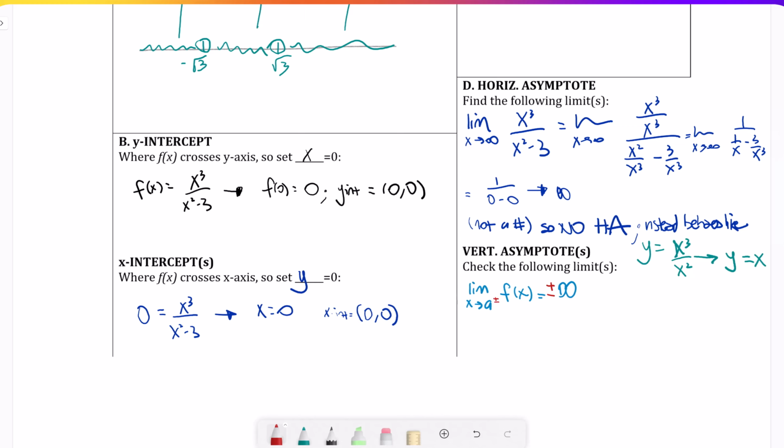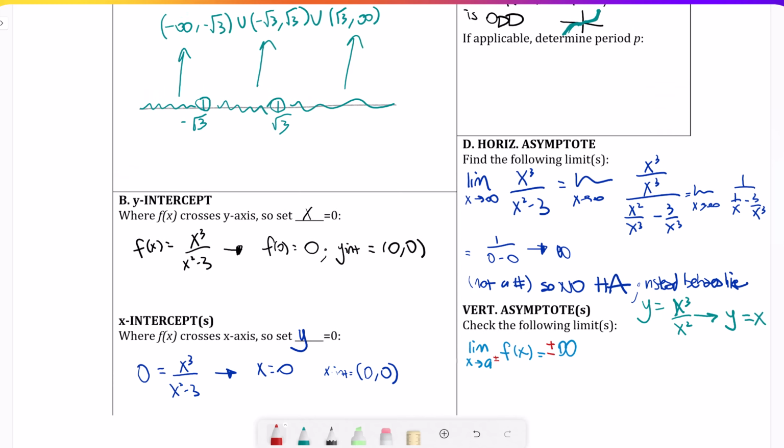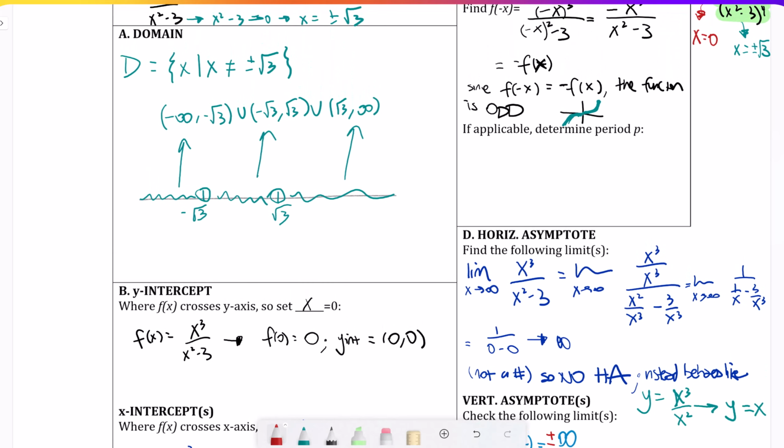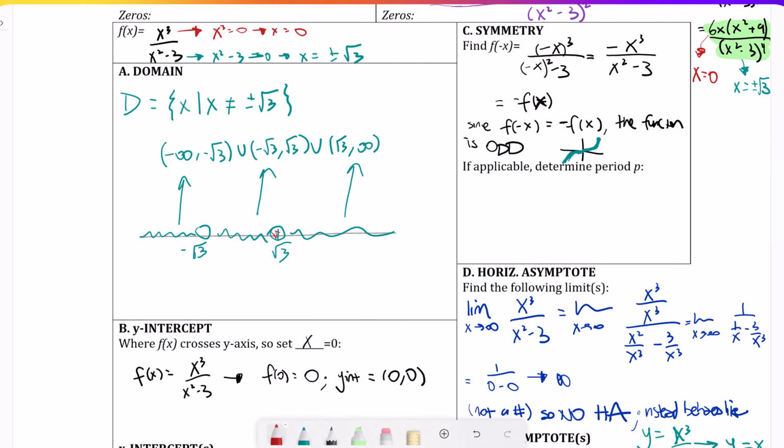As long as one of those four combinations happens, you have a vertical asymptote. We know that there's only two places where the vertical asymptote can happen. The only place a vertical asymptote can happen is where you have a gap in the domain, so either plus or minus radical 3.